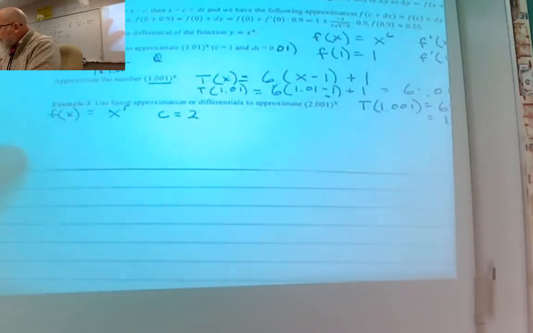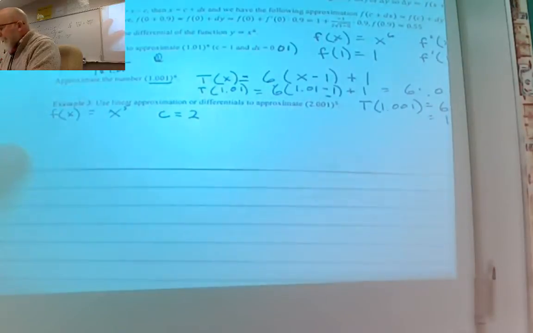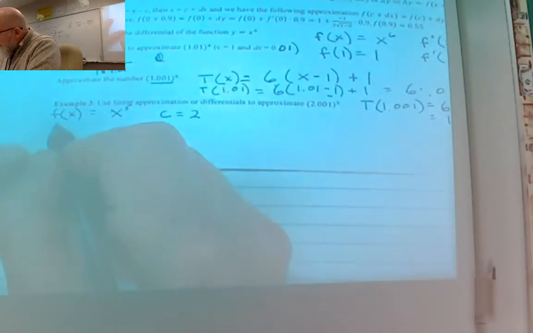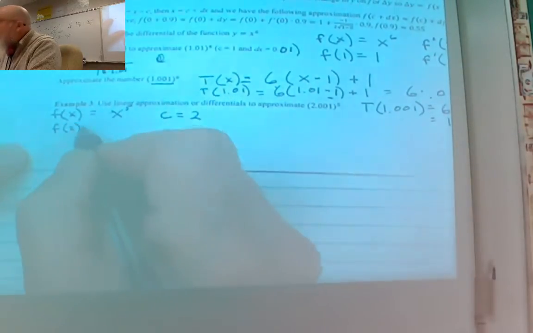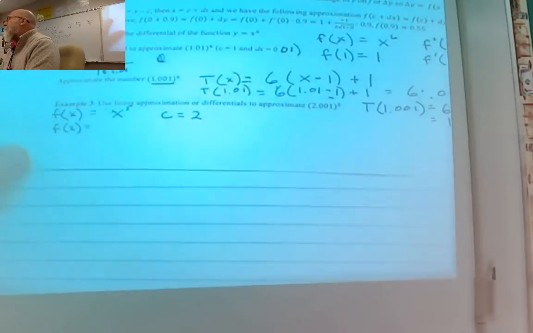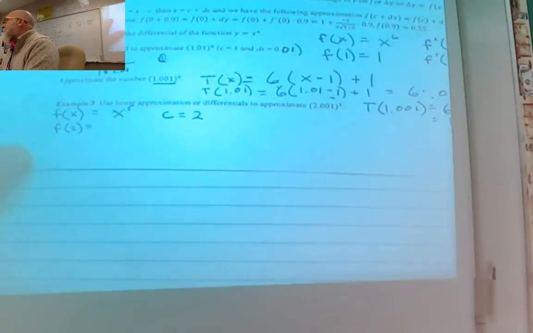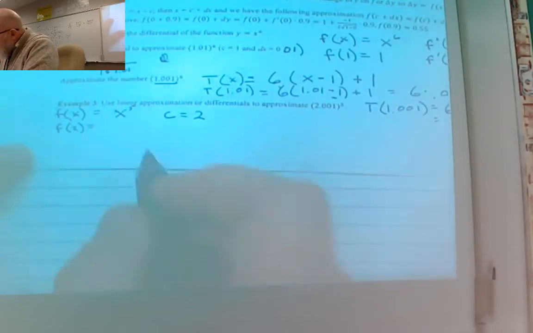Do you know why I chose 2? It's the whole number that is closest to 2.001. Okay. What's f of 2? Do you know that? What's 2 to the 5th power? 32. Very good.